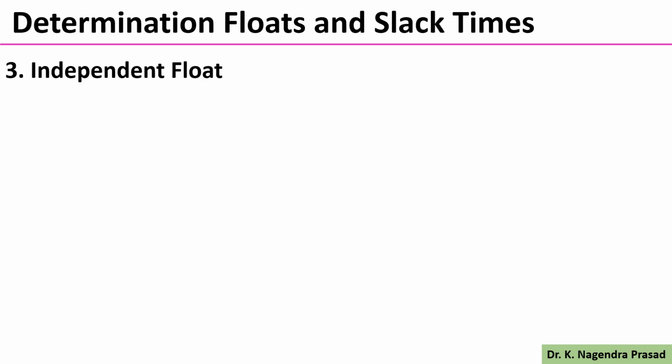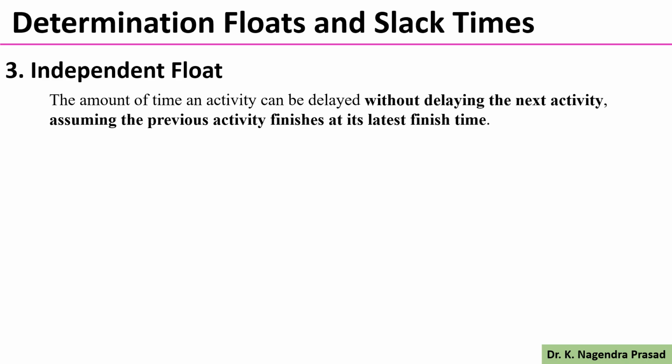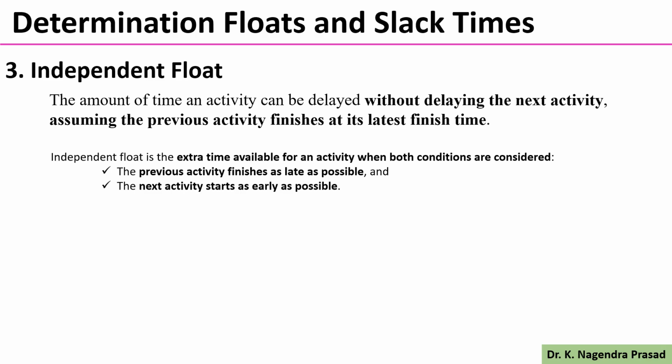Next we will discuss the independent float. Independent float is the amount of time an activity can be delayed without delaying the next activity, assuming the previous activity finishes at its latest finish time.